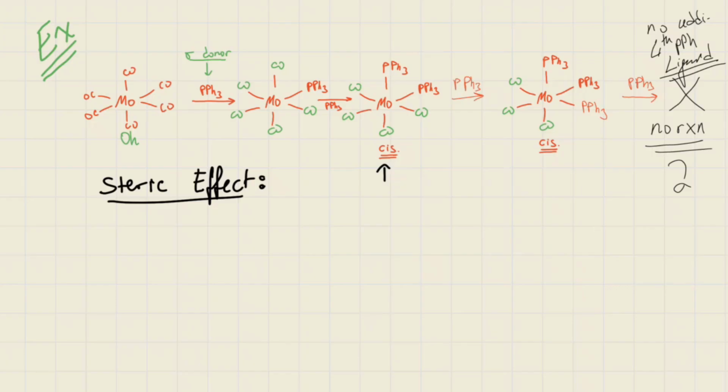Instead of the cis, we could have a trans product. It is not the case, so we have a cis here. So the steric effect is not the answer. The steric effect does not explain the situation here. And you can think of an electronic effect.